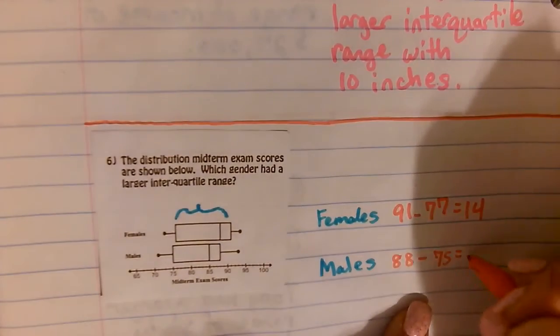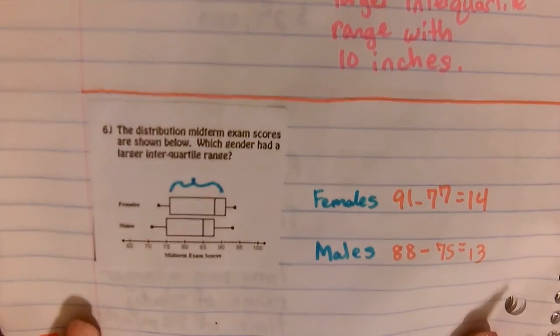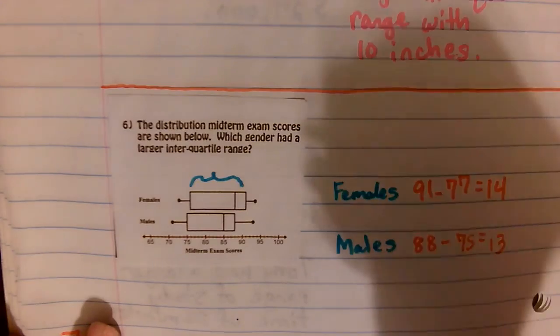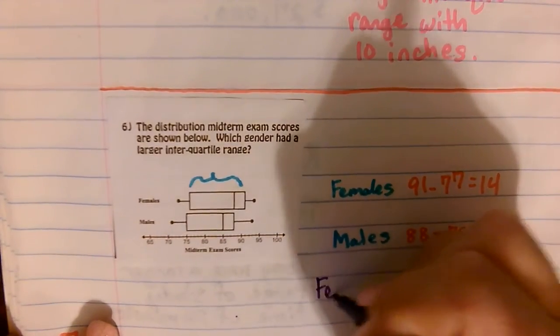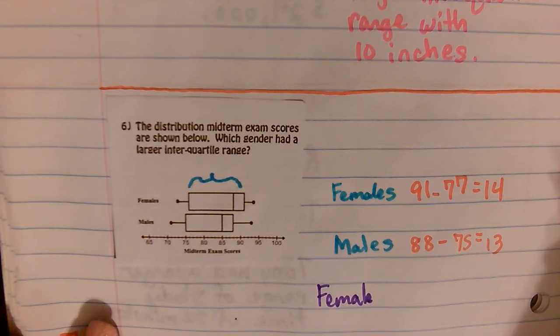And that is 13. So when you examine the 2, the question said which gender had a larger interquartile range, the females had a larger interquartile range of midterm exam scores at a spread of 14 points.